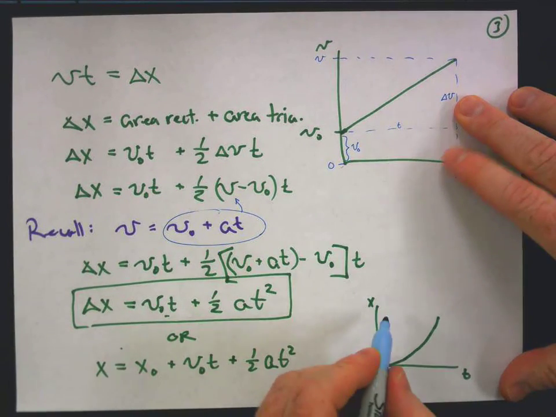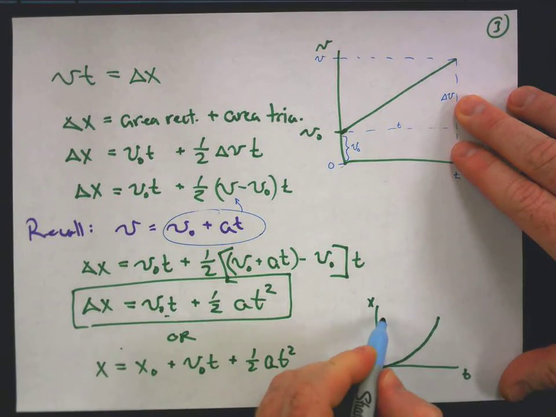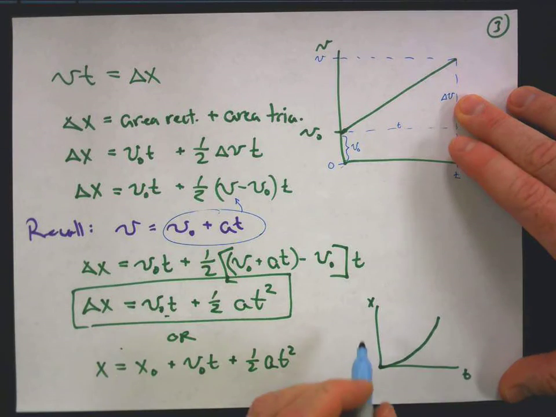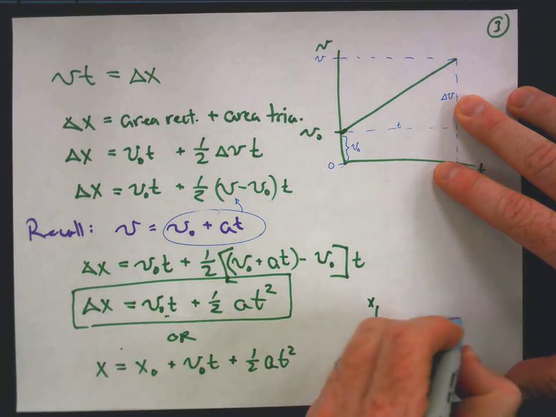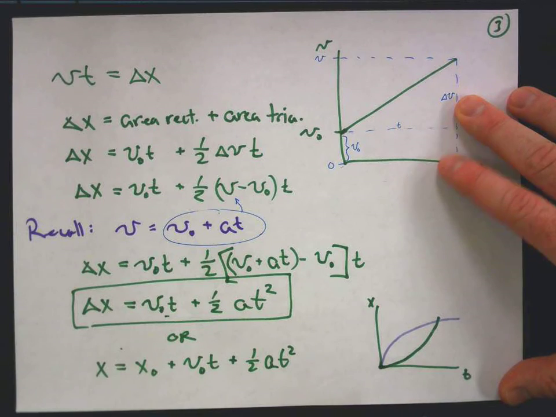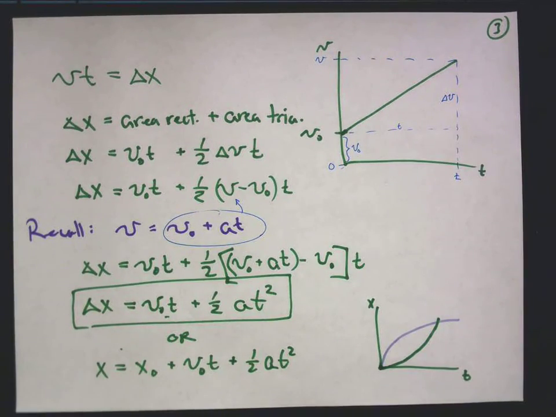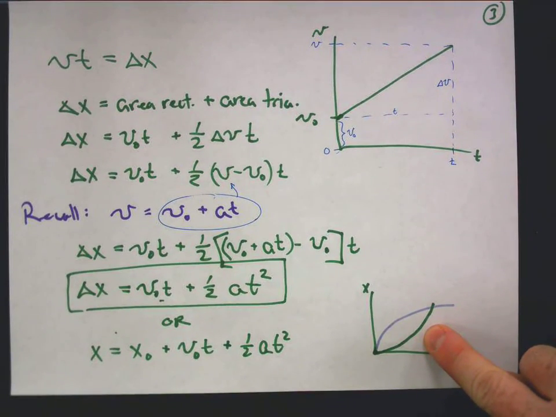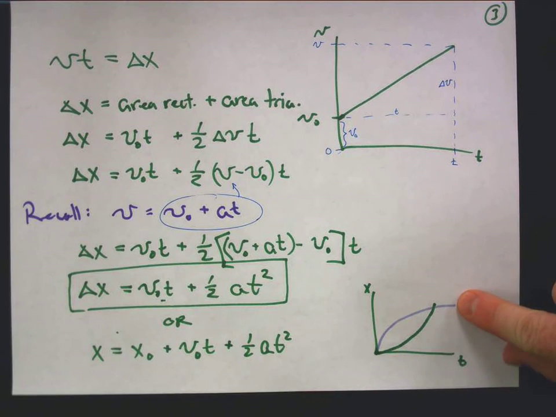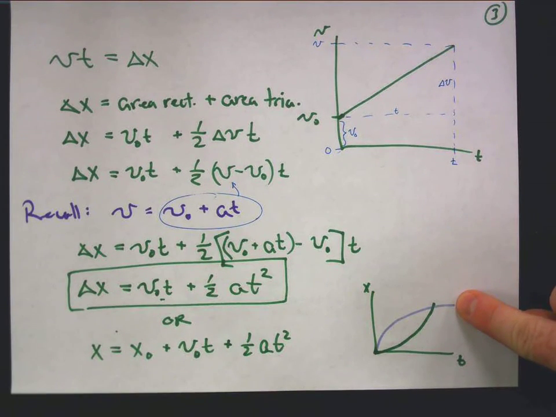In some way, the curve would be open downward. There's several possibilities, right? But this green curve would be a positive acceleration, and this bluish purplish curve would be a negative acceleration.